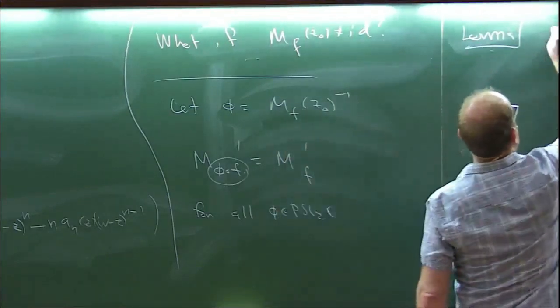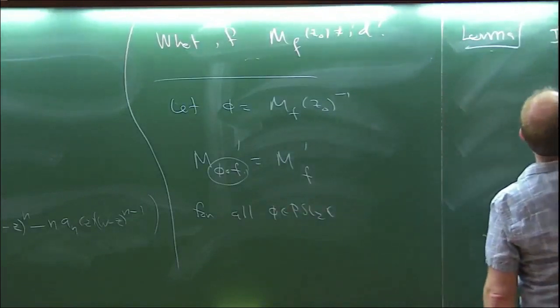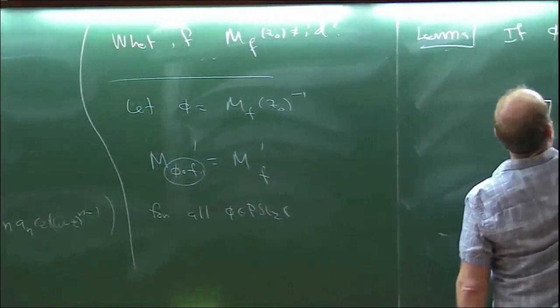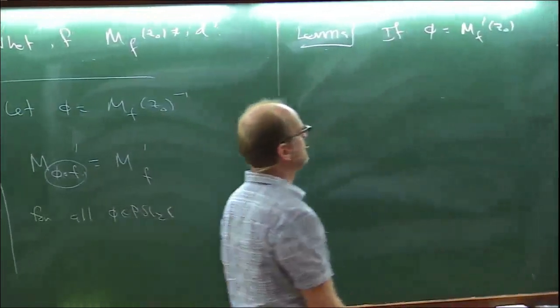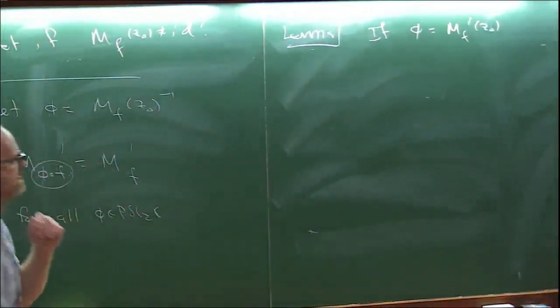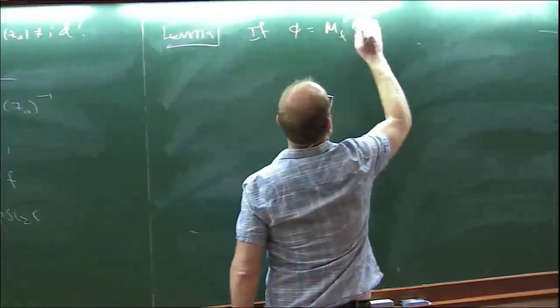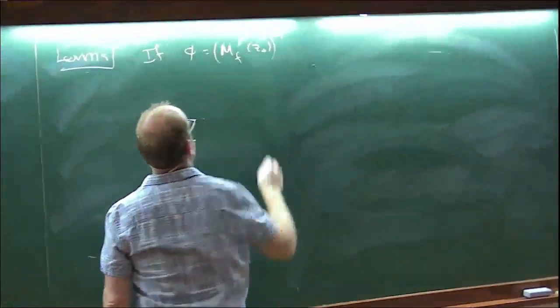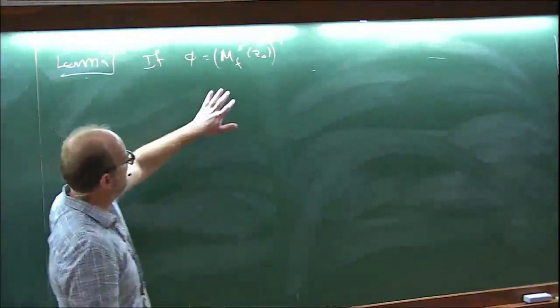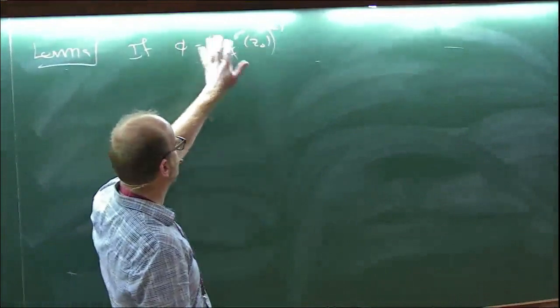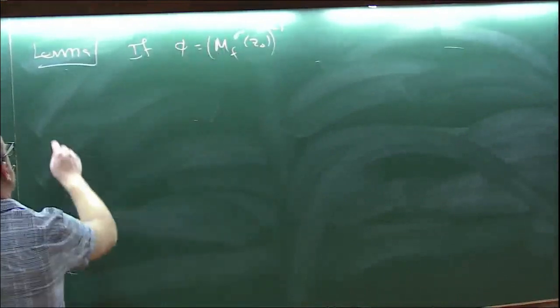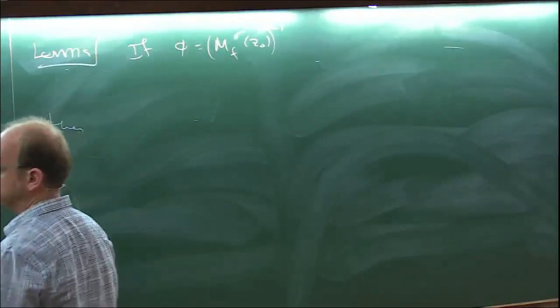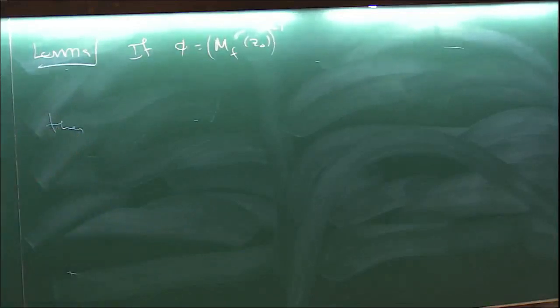And it says if phi is equal, okay, so this oscillating Mobius transformation isn't the identity, so we take its inverse. Well, then what we want to do is take the third derivative of phi composed with f.